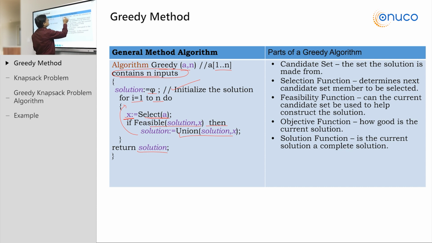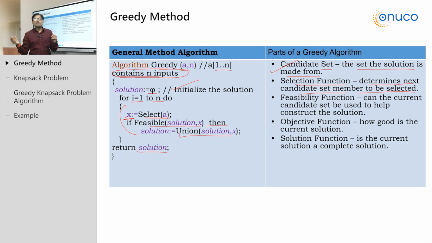Look, what are the points to be considered? First, the candidate set: the set the solution is made from. Say if you have 5 vertices, out of those 5 vertices we are going to select one by one. That particular set of 5 vertices is called the candidate set here. The selection function determines the next candidate set member to be selected.